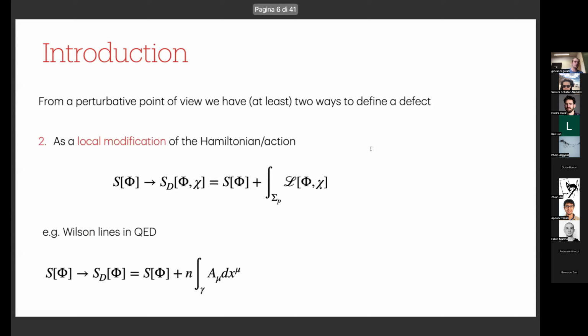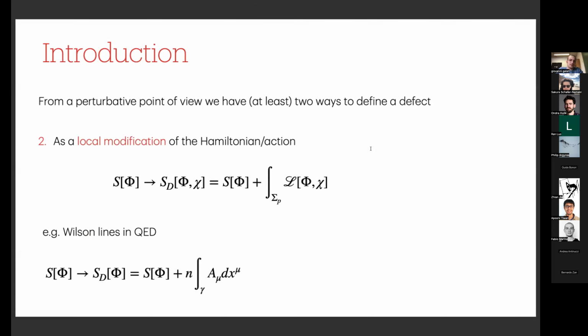Okay, there is another way to define defects, which is by local modification of the Hamiltonian or the action. What I mean by local modification is that I take my action describing the quantum field theory and I just modify it by integrating a Lagrangian, which is locally defined on a submanifold of the spacetime.